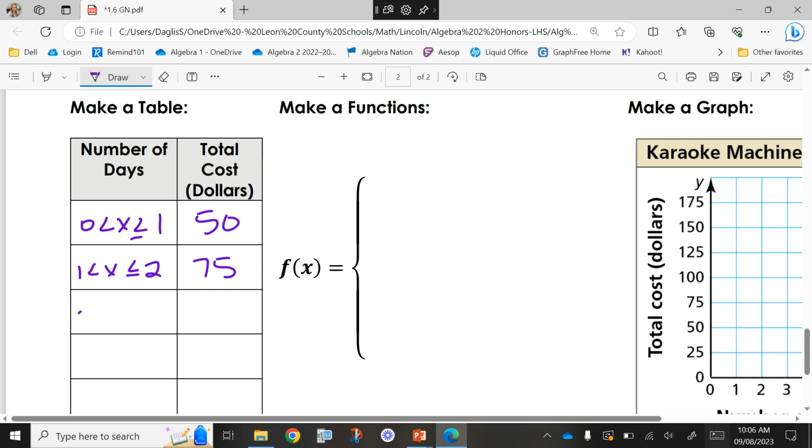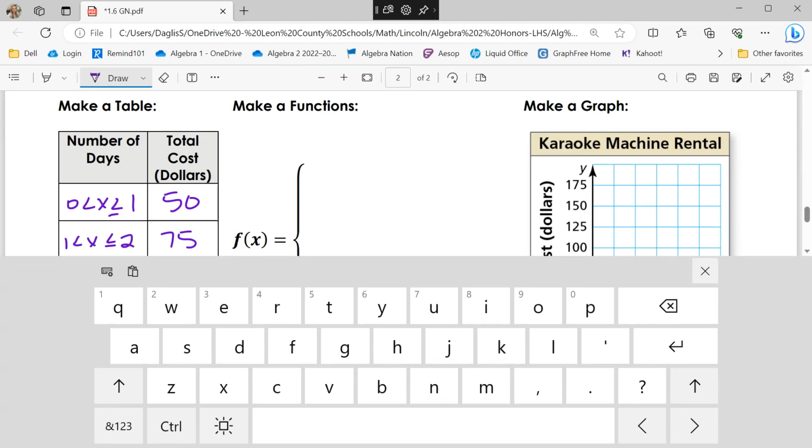So on day 3, so after day 2, up to day 3, we're being charged how much? $100. Good. Think you can finish the table? I bet you can.